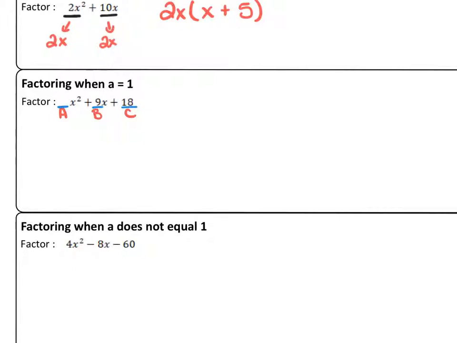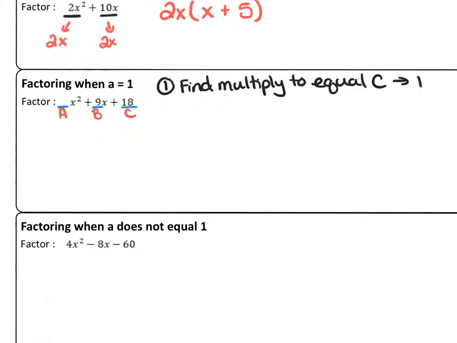When we factor something like this, it's a two-step process. You first find values that multiply to equal C, which in our example is 18.